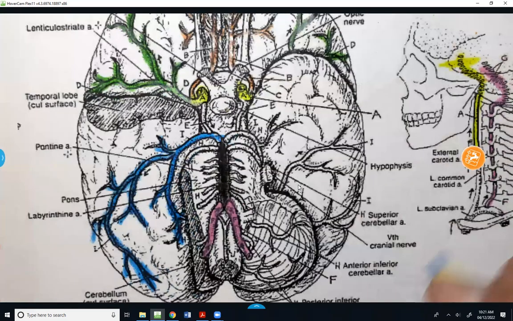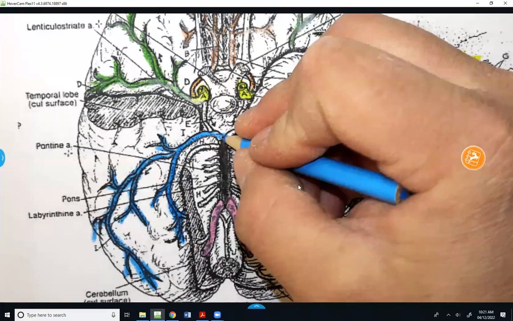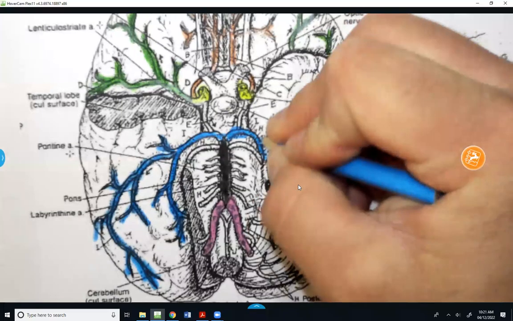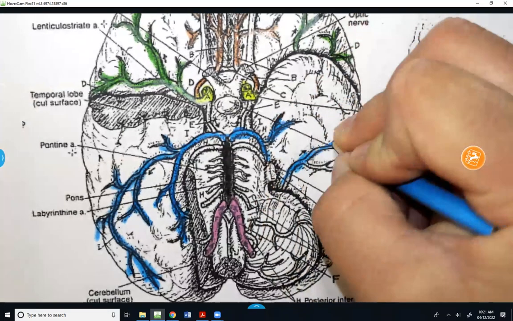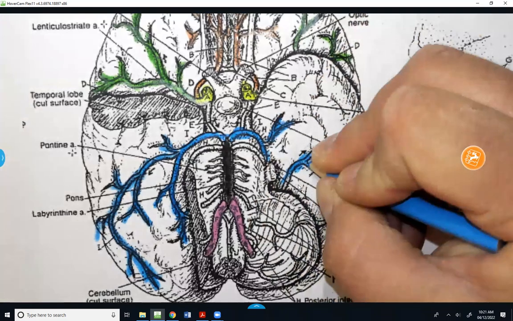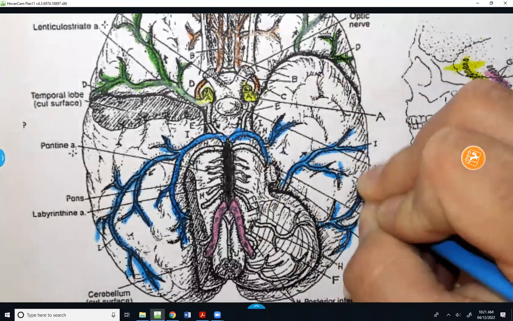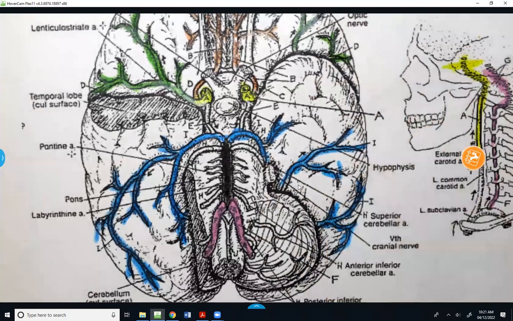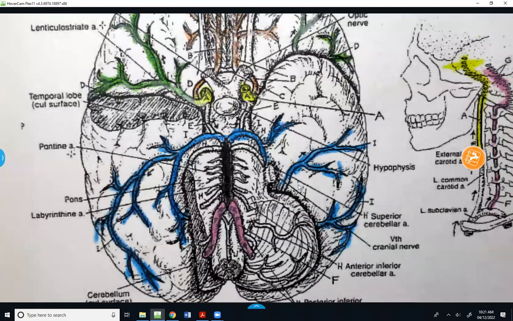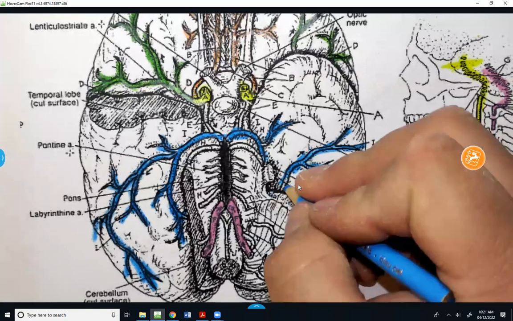Whereas over here on the right side of the image, we only see some of it, because the entirety of the cerebellum is there. And I'm glad I chose that blue. It stands out real nice.